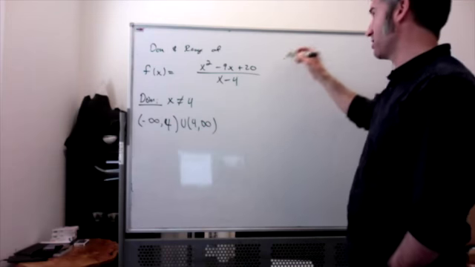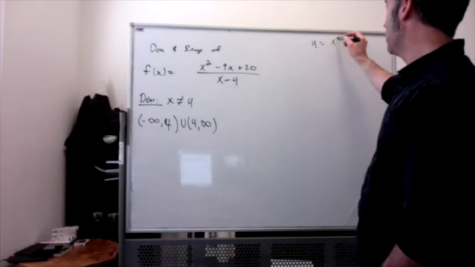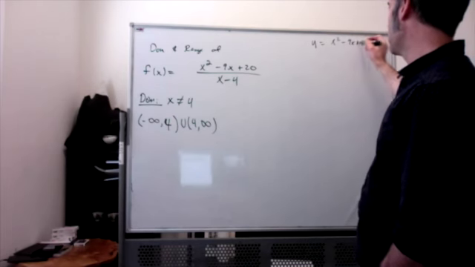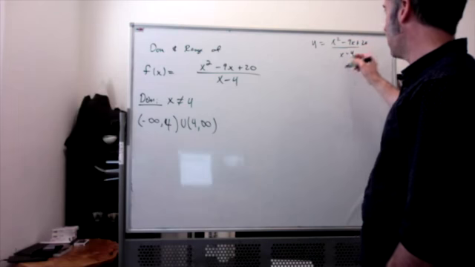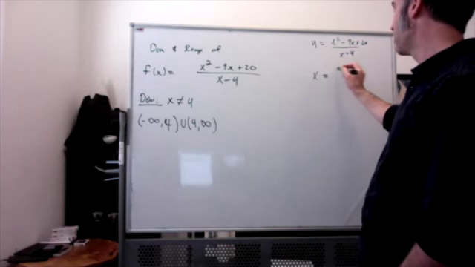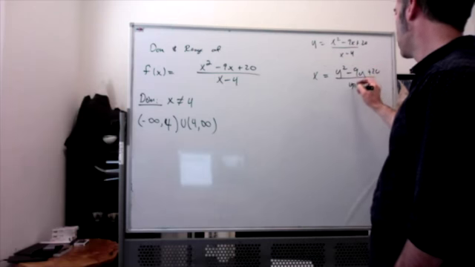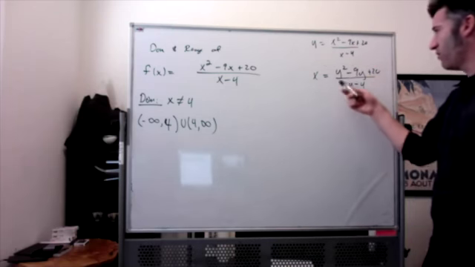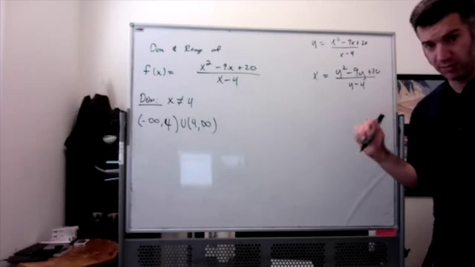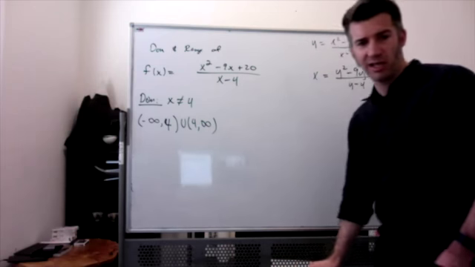If I was going to switch x and y, like do y equals x squared minus 9x plus 20 over x minus 4, and then switch x and y, I've got a problem. The problem is that solving for y here might be literally impossible. It's not, but it looks like it is.